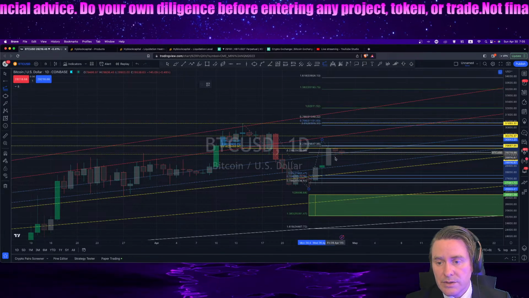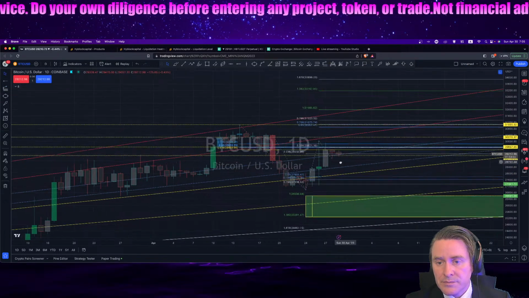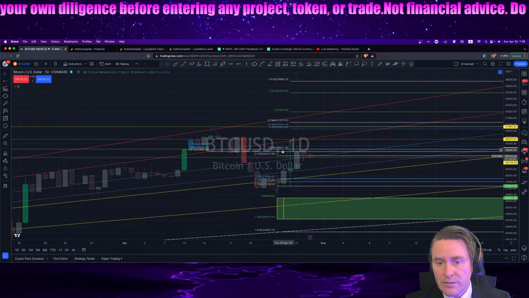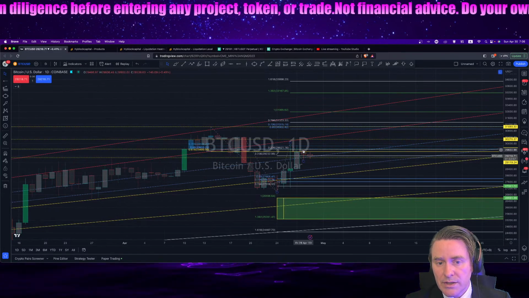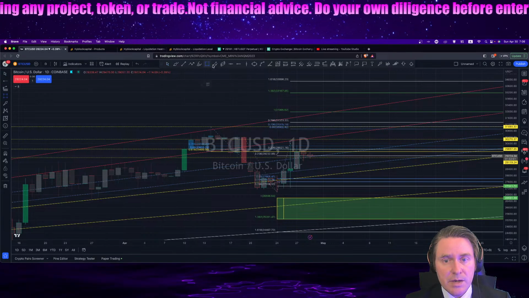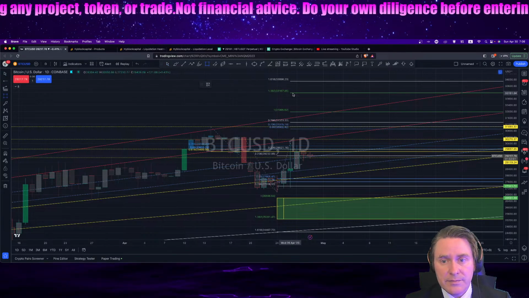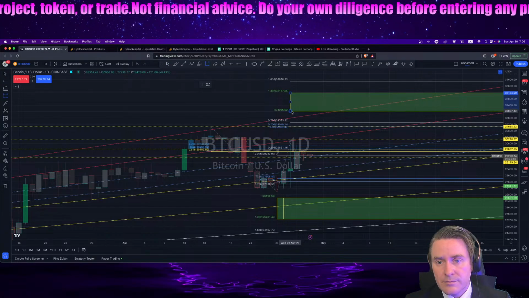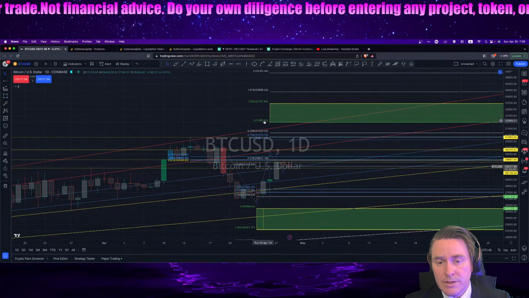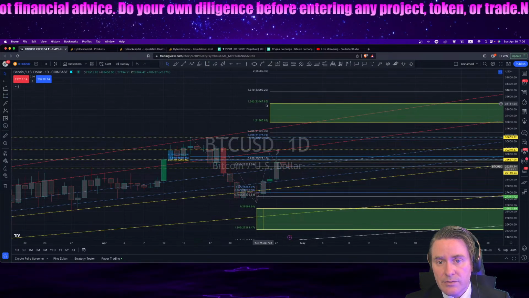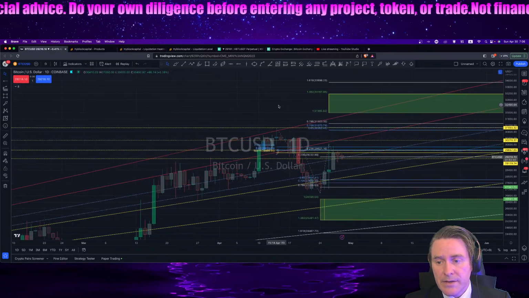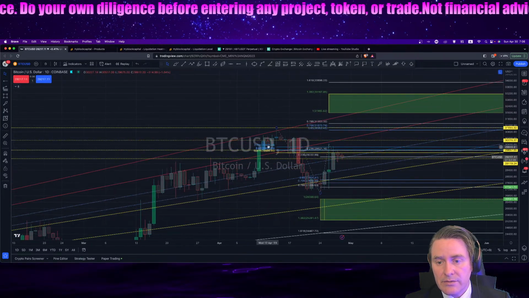You could do it to this region, and you'd be looking for that 29,621 to these regions up above. The 32K to 33.1 region, if this holds that level.